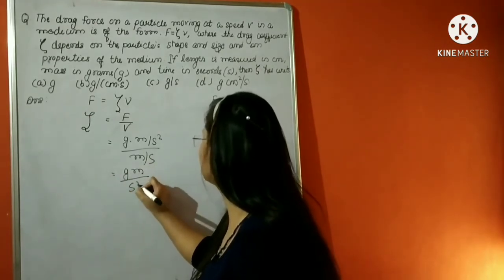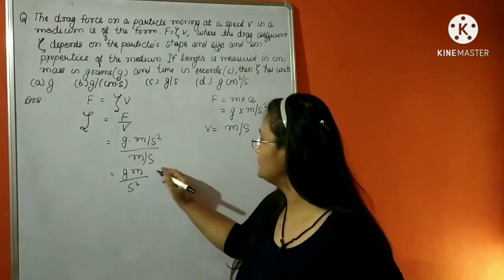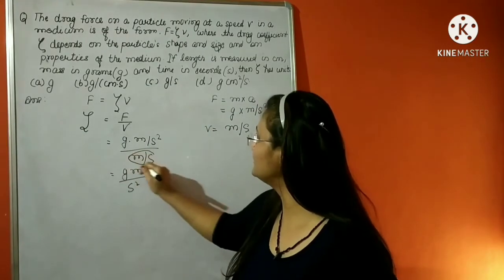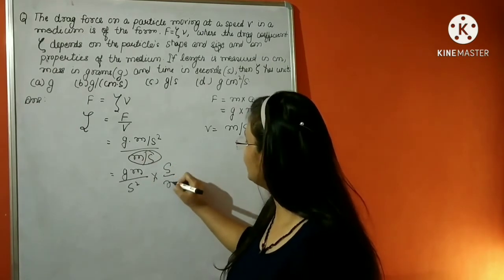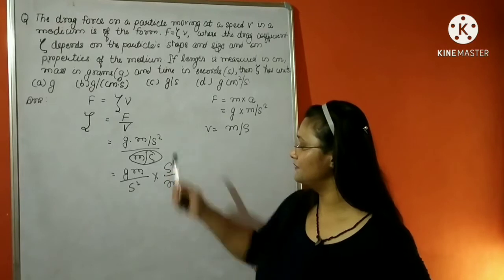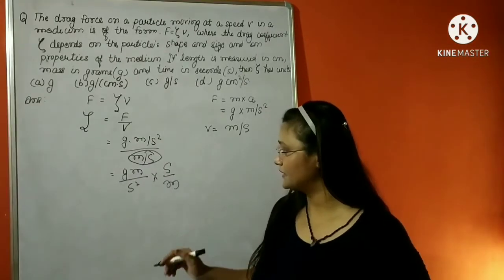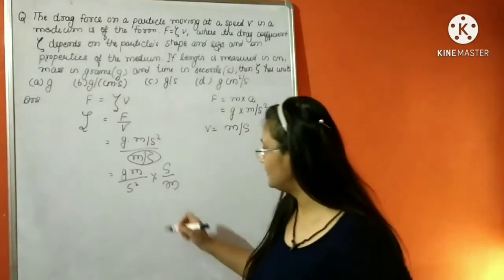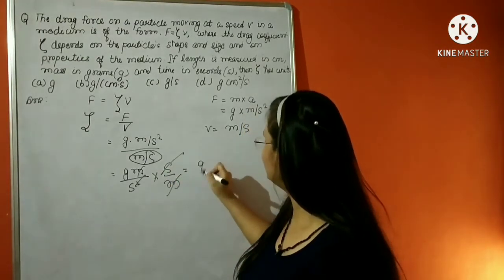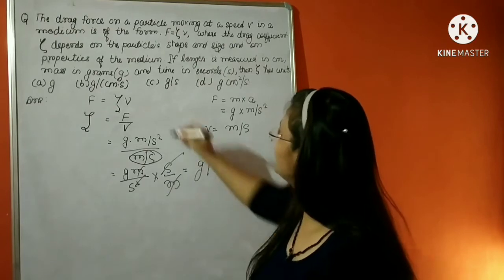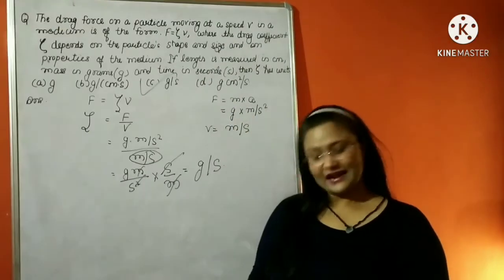Gram meter per second square, these are the values of this, and this value must go to the numerator. So it will reciprocate like this. Seconds will come to numerator and meter to the denominator. Now we can easily solve it. So that means answer is gram per second. So C is the right option.